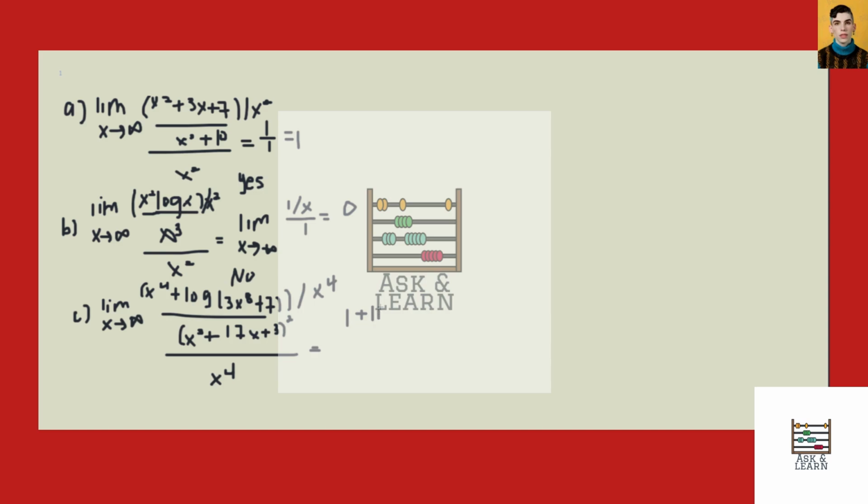1 plus limit as x approaches positive infinity log of 3x to the eighth plus 7 over x to the fourth, all over limit as x approaches infinity for 1 plus 17 over x plus 3 over x squared, squared.